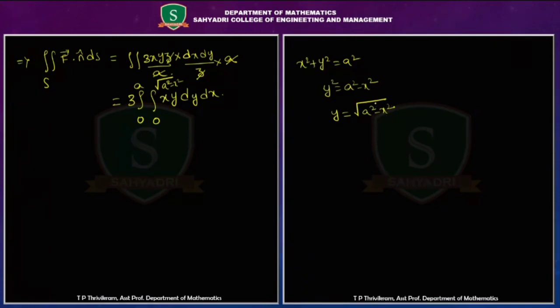Next, putting y equal to 0, x square equals a square, x equals plus or minus a, but we take only positive because it is in the first octant.